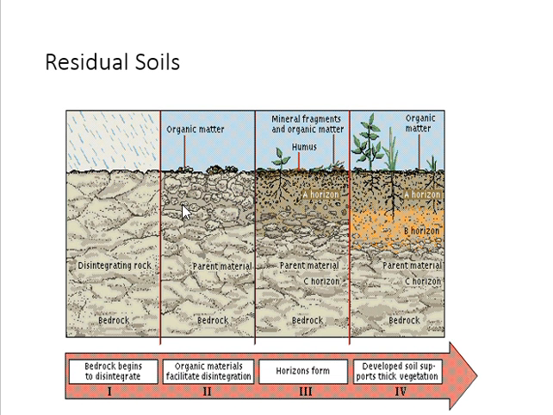This is the rocky substrate or material that forms the basis of the soil. This soil, residual soil, will be very similar to the bedrock it forms on because it's made of the same material. Eventually, organic material, plants and animals, will die and decay, creating biologic activity and organic additions at the surface.